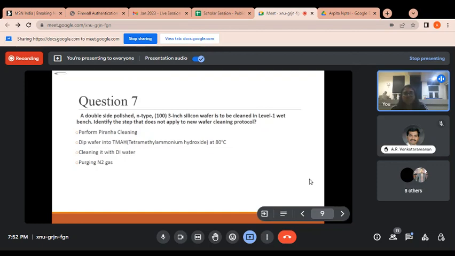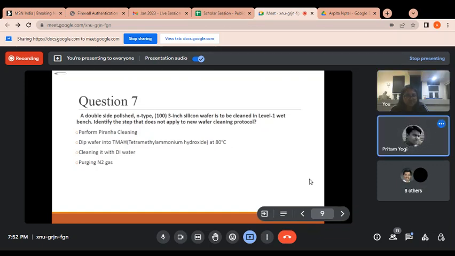Can anyone say what is Piranha? Piranha, I think, is a combination of two chemicals, H2SO4 plus H2O2. Yes, yes. In the ratio of 3:1, I think 3 is H2SO4 and 1 is H2O2.